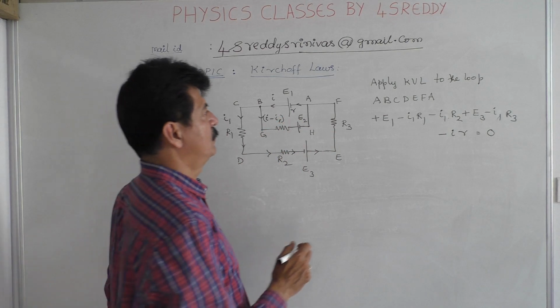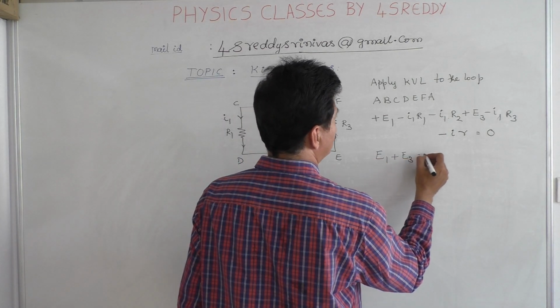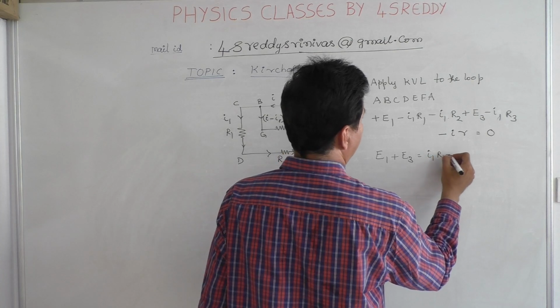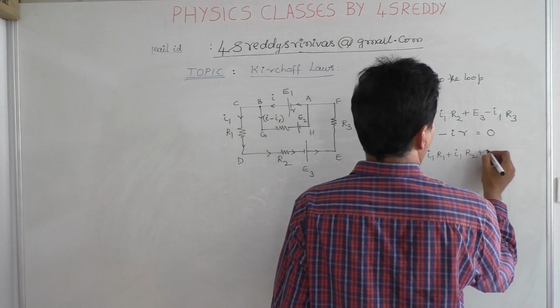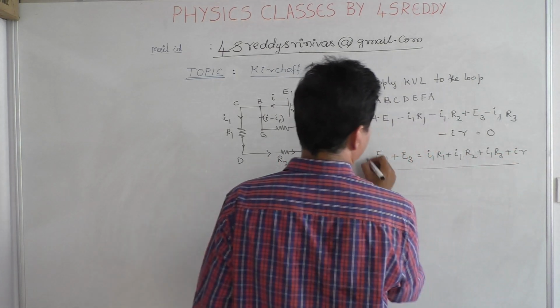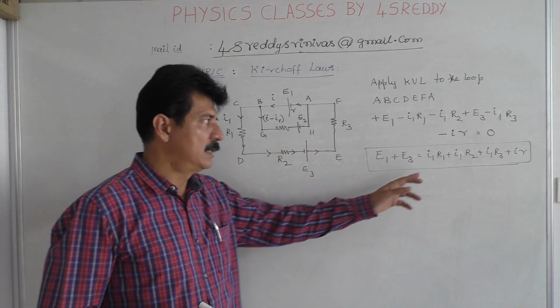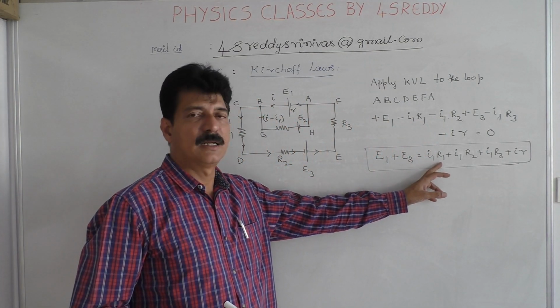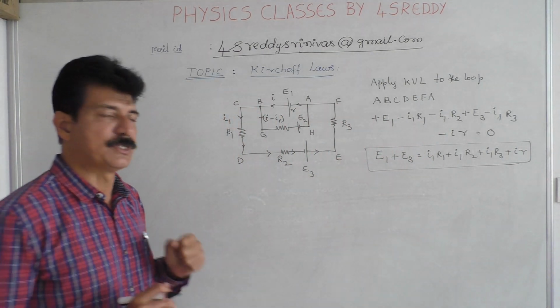Therefore, E1 plus E3 is equal to I1 R1 plus I2 R2 plus I1 R3 plus IR. So, it is clear that the algebraic sum of the products of the currents and the resistances in a closed mesh is equal to the total EMF in the circuit.